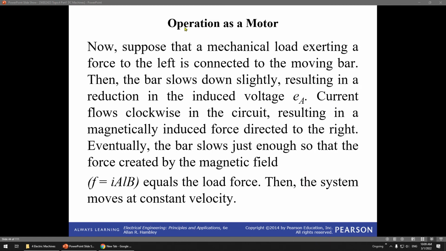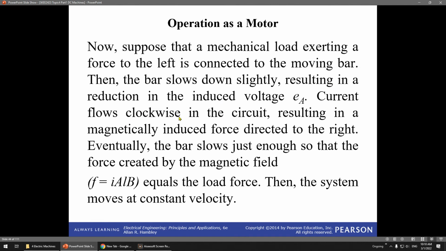Okay, we continue with the operation as a motor for the DC machine. Now suppose that a machine load, exerting a force to the left, is connected to the moving bar. Then the bar slows down slightly, resulting in a reduction of the induced voltage.